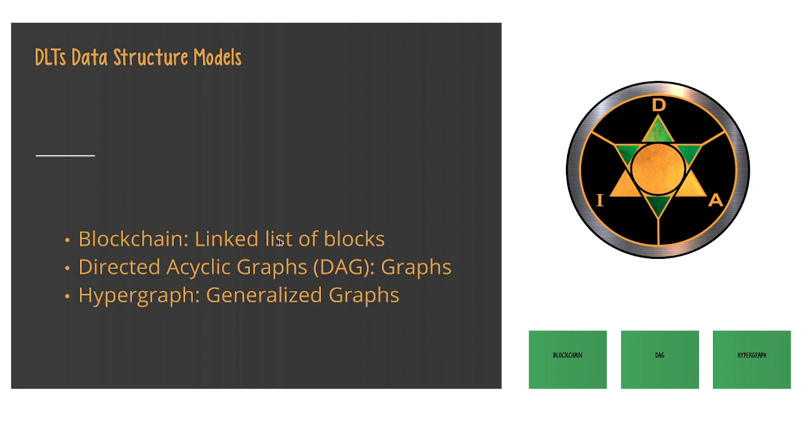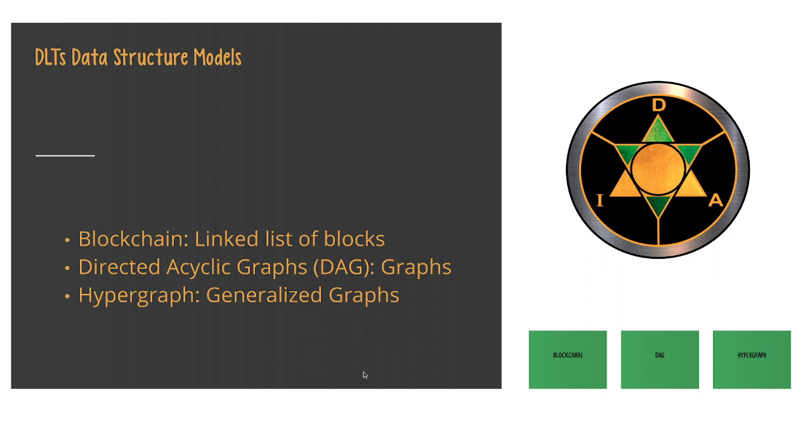We'll get into more detail very soon. The second one is directed acyclic graphs, which refers to the concept of graphs that we see in mathematics. The last one, which is very rare, is the hypergraph, which is kind of like a generalized graph, still in the context of mathematics.